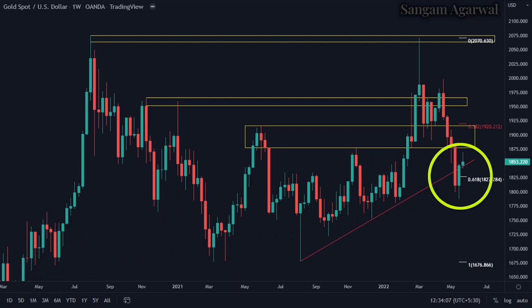This can be the first sign, but it will only be confirmed if price breaks this resistance zone and the weekly candle closes above the 1920 level again.